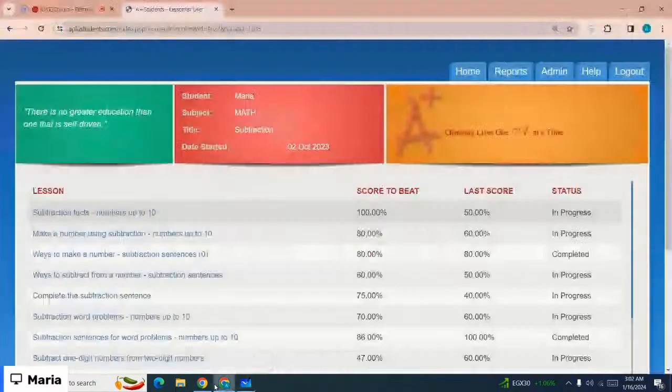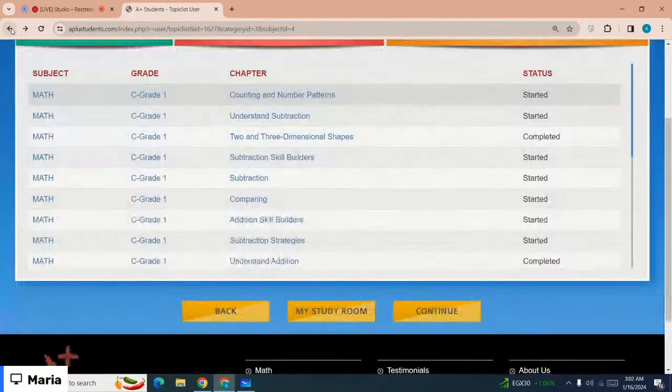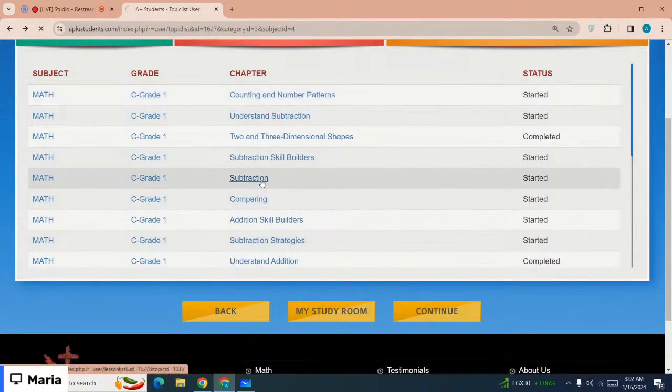In the last session we already did subtraction fluency. I think the chapter before this one, we did subtraction skill builders, right? So basically we all know what subtraction is and how we subtract.